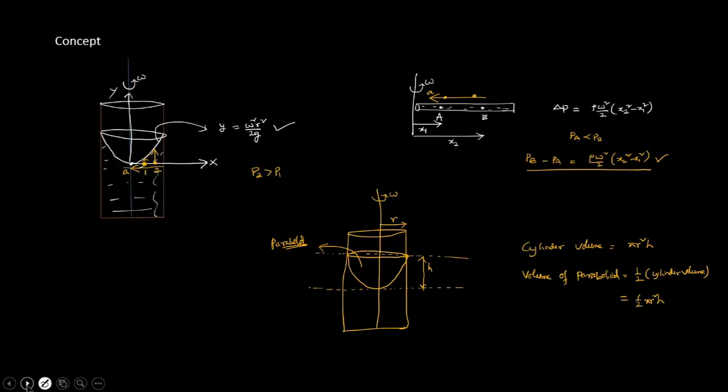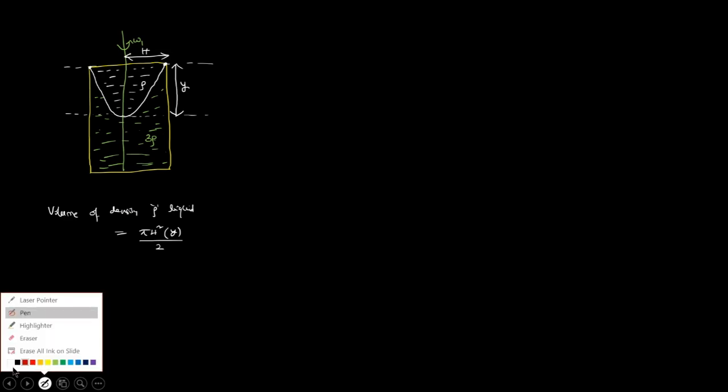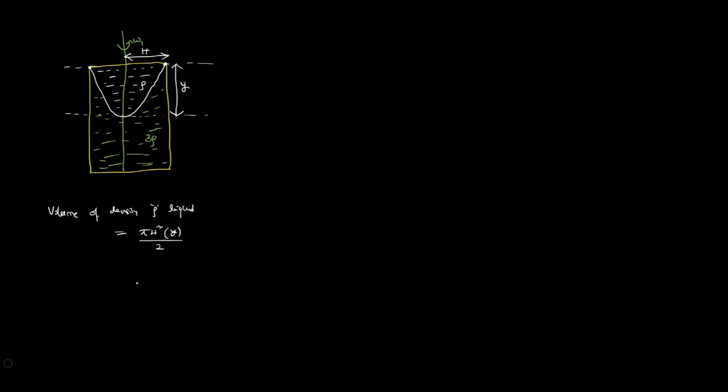So you will get pi h cube. Okay, so I can write down this one as pi h cube. So the previous volume and this volume will be the same because no liquid is spilling out. Then the y value will be 2h. That means this entire length is 2h and the remaining length will be h. Total 3h is given. Okay, so that is the conclusion we made.